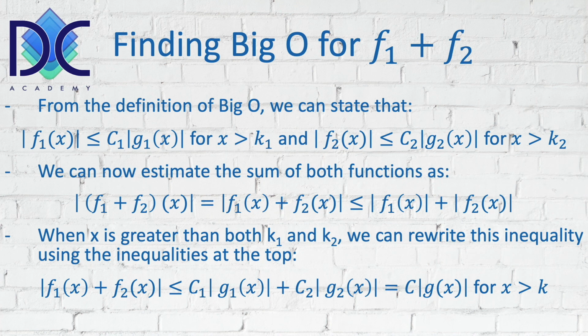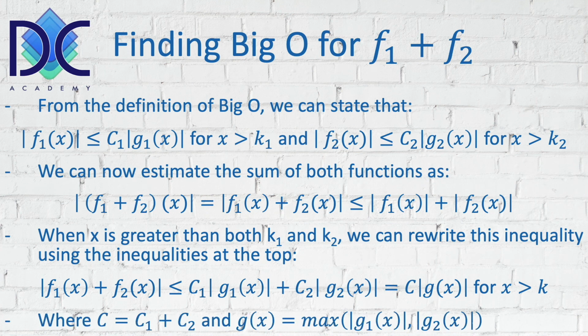This can be written as c times the absolute value of g of x for x larger than k. Here, c is equal to c1 plus c2, and for g1 and g2 we look at the maximum of the two. So g of x is the maximum of the absolute value of g1 of x and the absolute value of g2 of x.